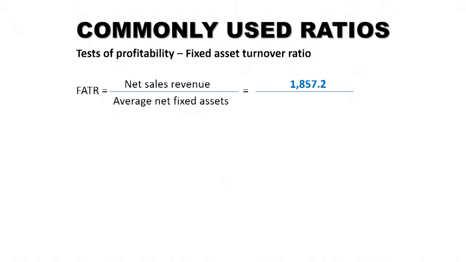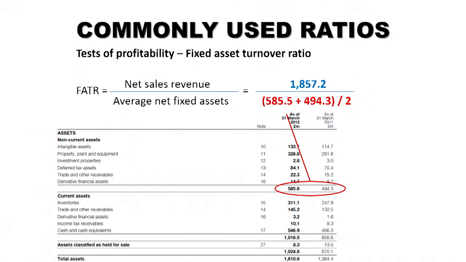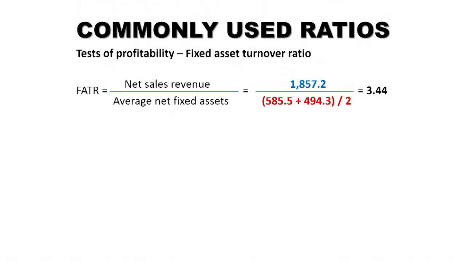Net sales, or sales revenue, or net revenue, means that it is excluding the value added tax, the VAT, divided by the average fixed assets, and we take that out of the balance sheet, and there we find non-current assets. We take the beginning and the end of the year divided by 2, and it gives me something like 344.